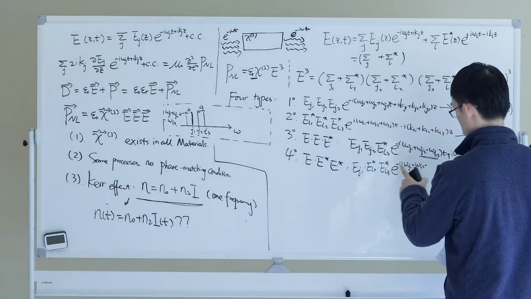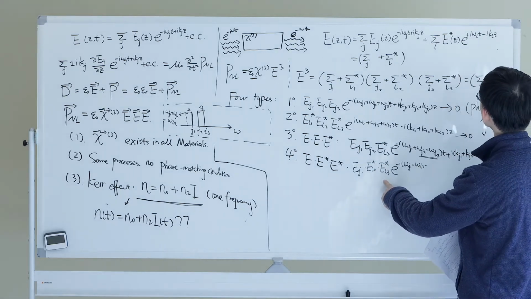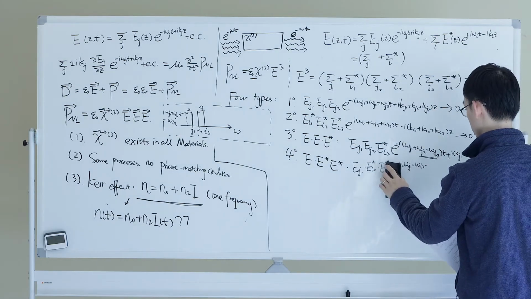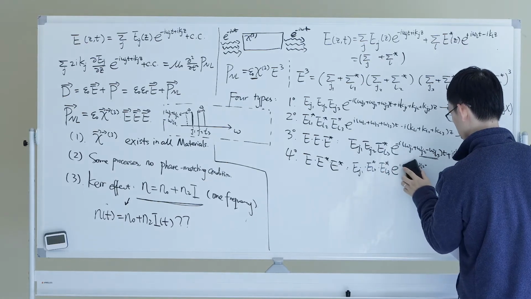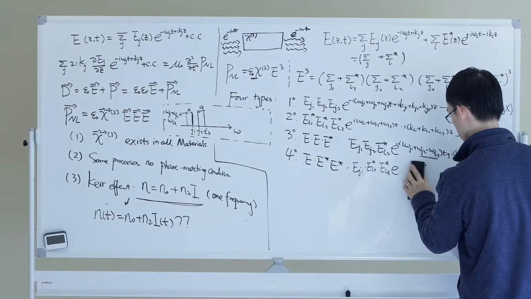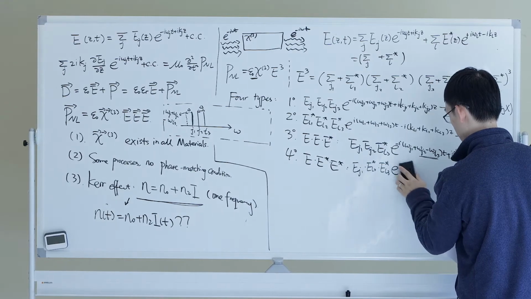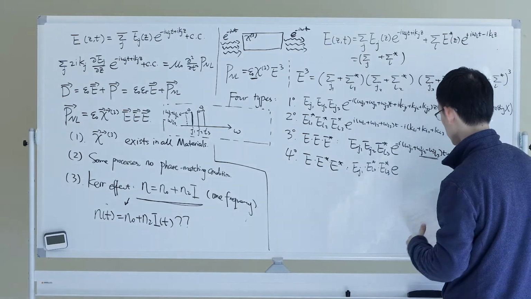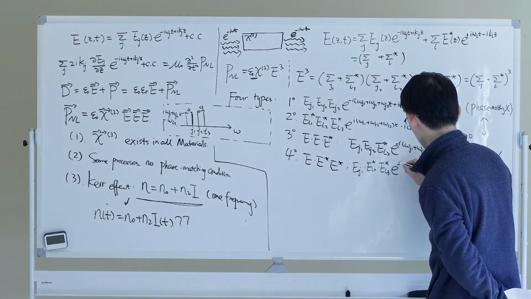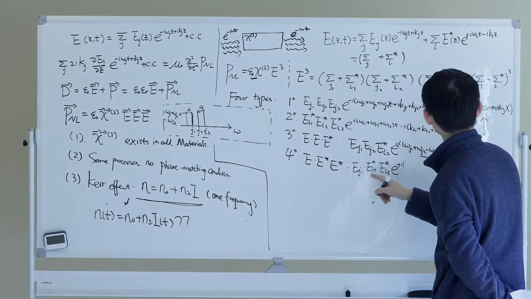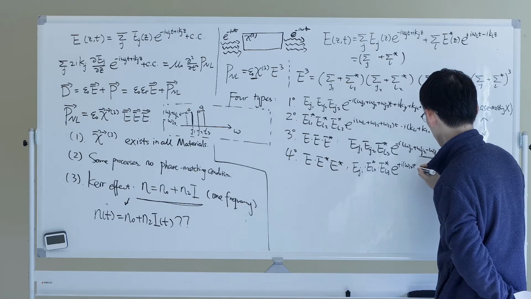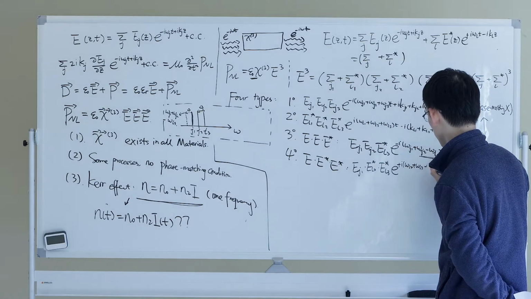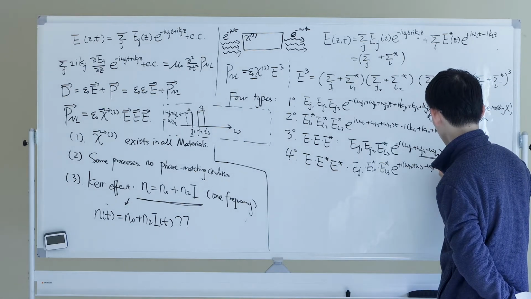Because we have two positive terms, we can let this be positive. We can do it differently here. We write down the positive frequency first, omega L2 plus omega L3 minus omega J1.